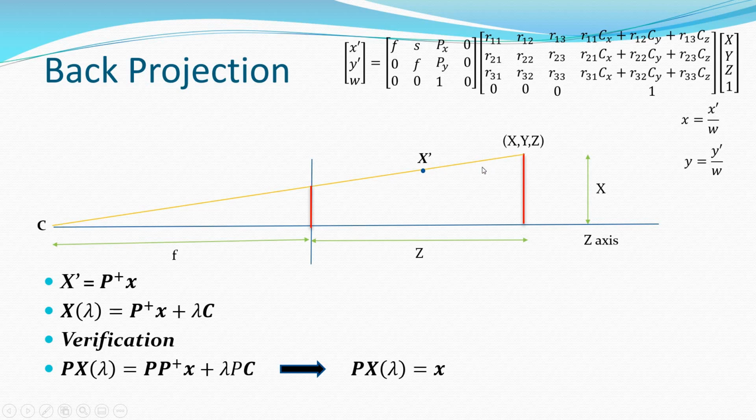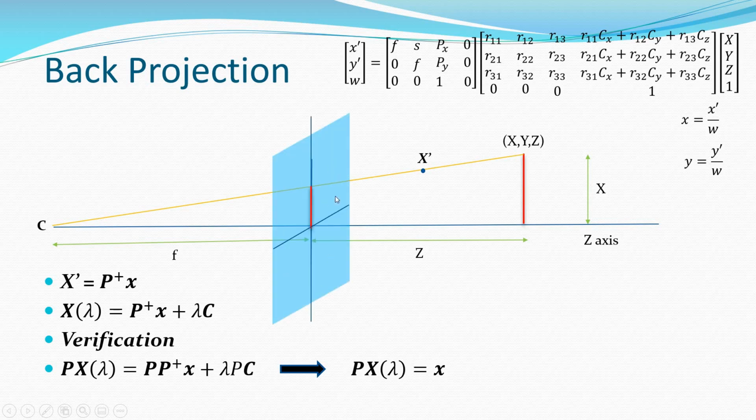You know that the 3D world coordinate xyz lies somewhere on this line, but you don't know exactly where on the line. That is what this equation tells you.